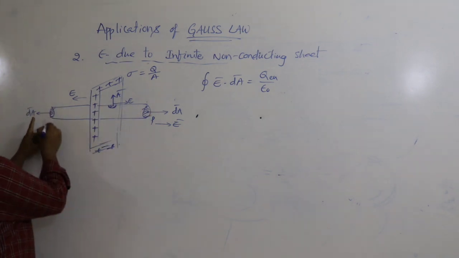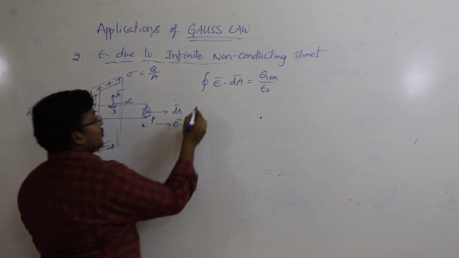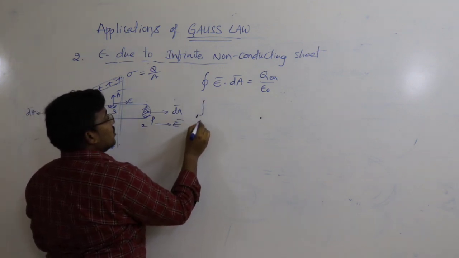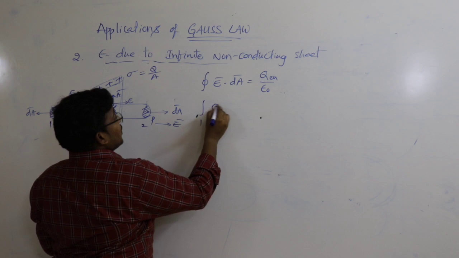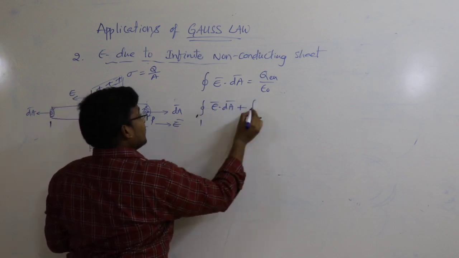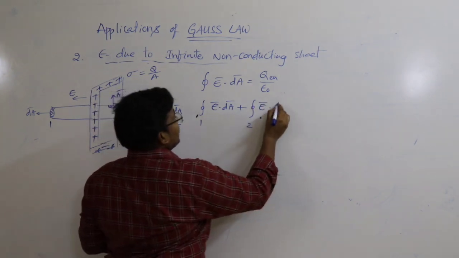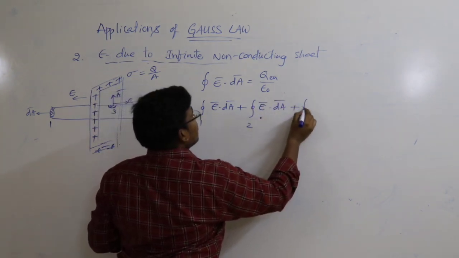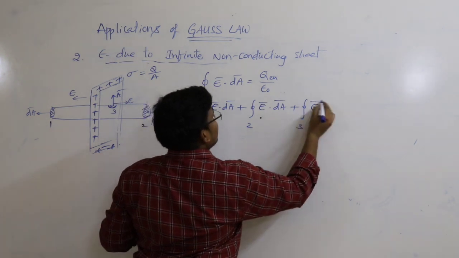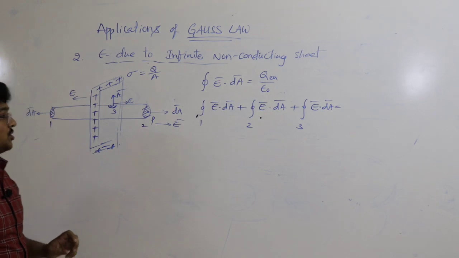Now this is the first, this is the second, this is the third, the curved surface. So E bar dot dA bar for the first surface plus E bar dot dA bar for the second, plus E bar dot dA bar for the third, is equal to the charge enclosed.